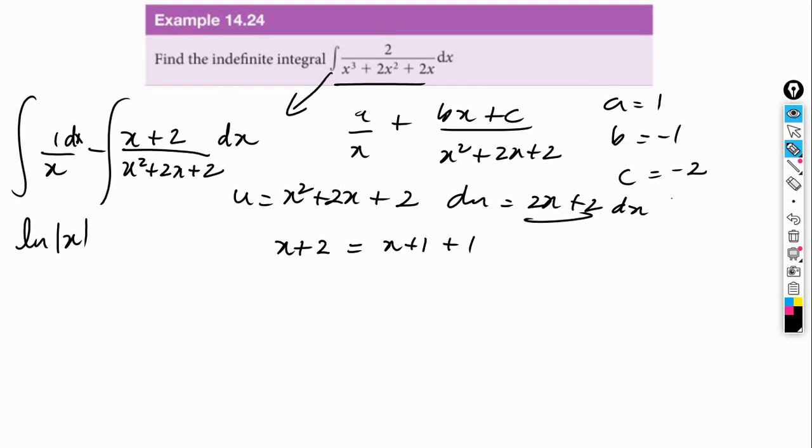So what does that imply? Well, that means that we can rewrite this expression here as, let's write it as x plus 1. So this is minus the integral of (x plus 1) over (x squared plus 2x plus 2).